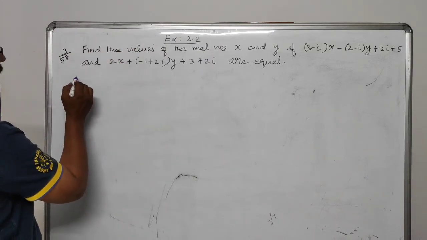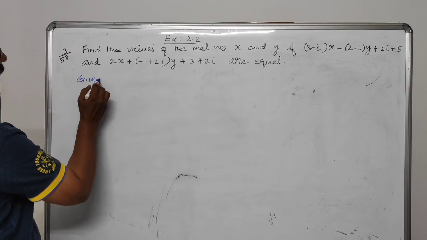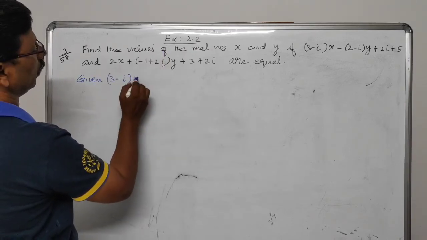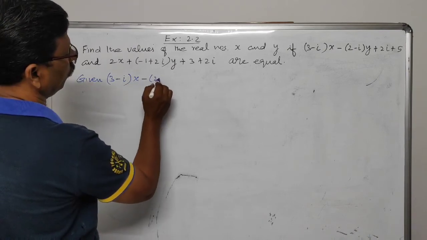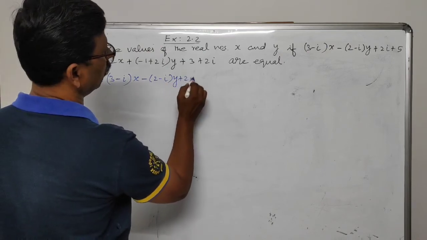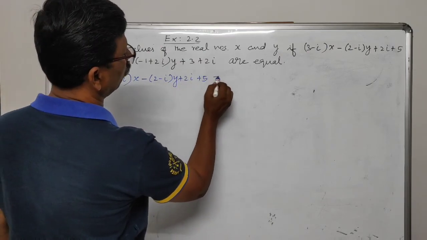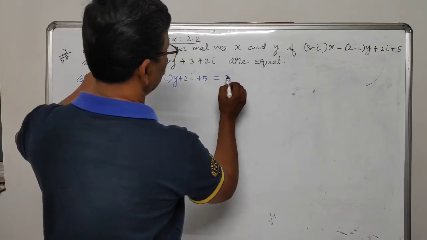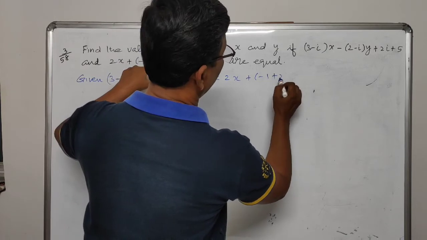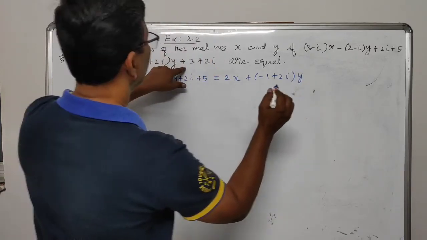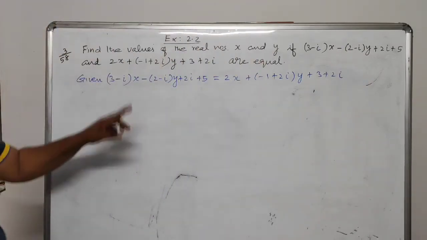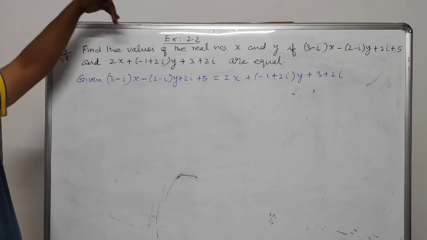Therefore, first take the given: (3 minus i)x minus (2 minus i)y plus 2i plus 5 is equal to (2x minus y plus 3) plus 2i times (y) plus... By equating these two complex numbers, you have to find the values of x and y.